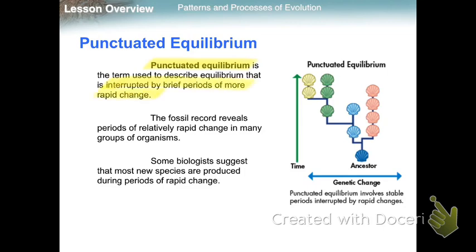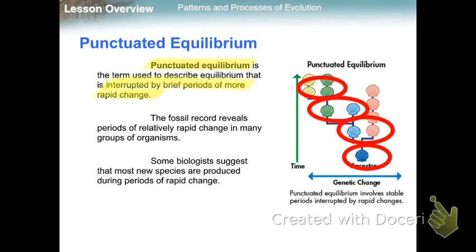So this would be a little different situation with those shells. With the shell example, we have our ancestor, and we see one mutation here that branches that ancestor off into two main branches, and then another mutation that branches off again, and another one that branches off again.